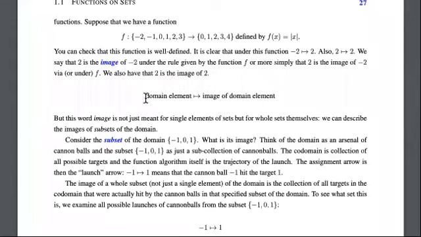Now remember how we have this assignment arrow for defining what a function does. As a rule, it takes something and it outputs something else. Something in the domain and assigns something in the codomain. The specific thing that it assigns is called the image via that function.